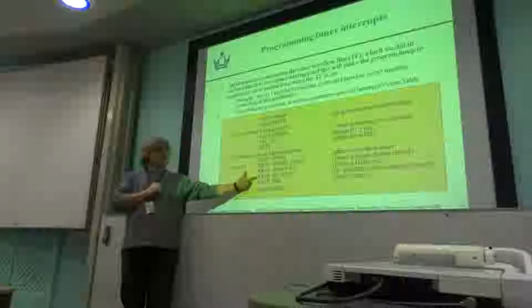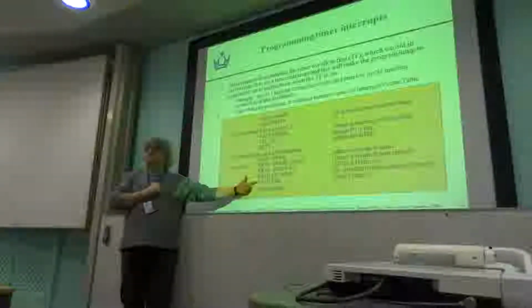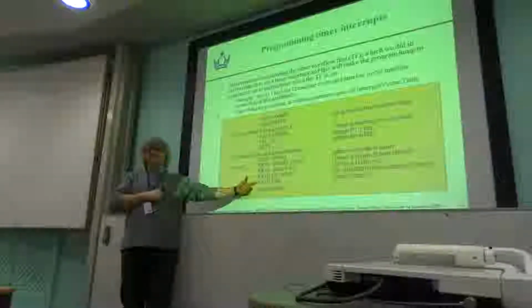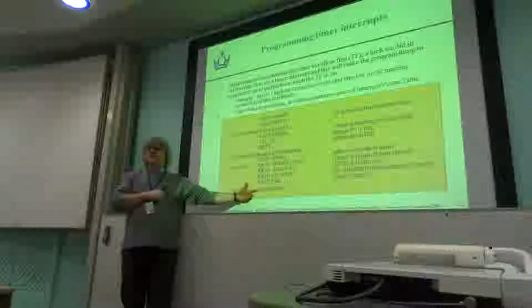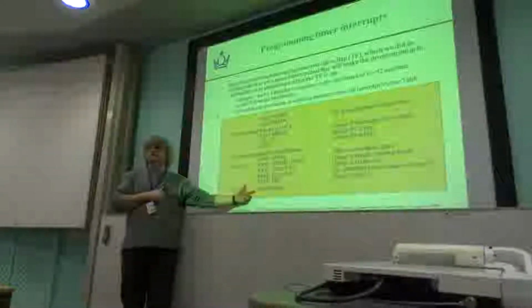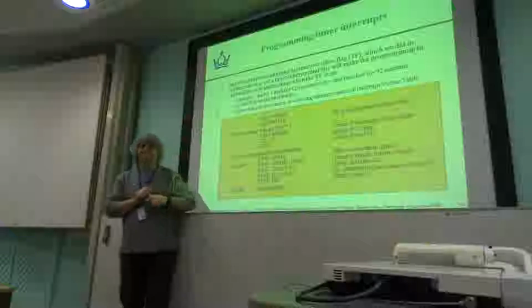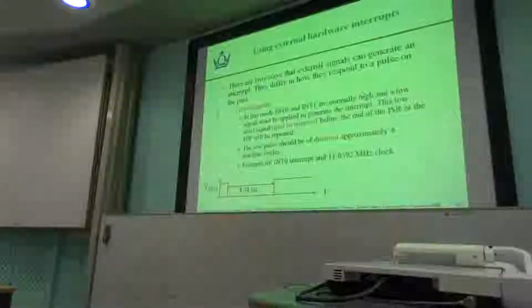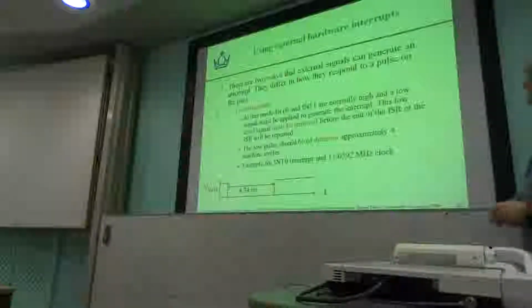We've enabled the interrupts here, and at this point we've started the timer running. And we don't bother stopping it, we just let it run forever. And it will basically, every 92 machine cycles, it will leap into here, toggle a bit, and come back down here again, and it will do that forever.